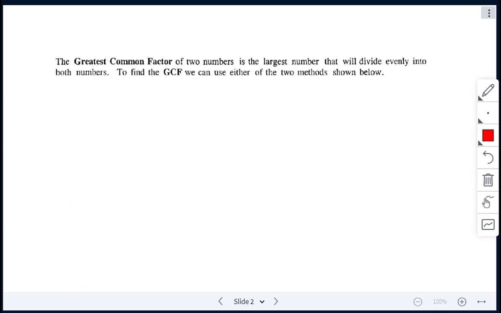So let's say we had to figure out the greatest common factor of 12 and 18. So let's say the question was find the greatest common factor, I'm just going to abbreviate it to GCF, of 12 and 18. So one method you learned in the past was to write out all the factors.